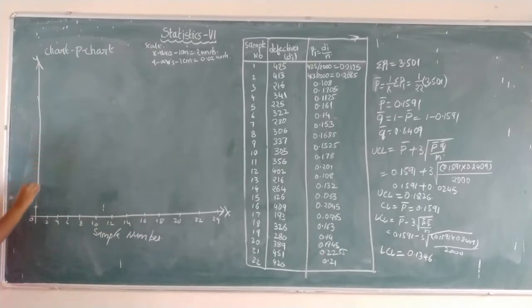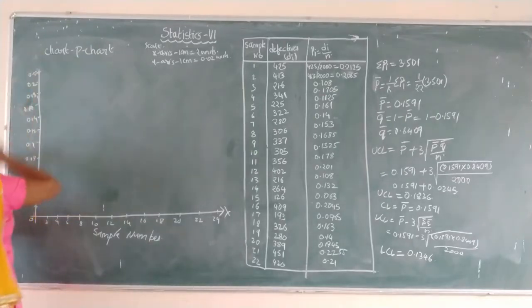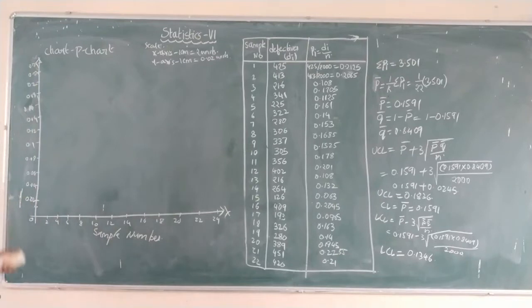So we'll draw a little bit bigger: 0.02, 0.04, 0.06, 0.08, 0.1, 0.12, 0.14, 0.16, 0.18, 0.2, 0.22, up to 0.24. On the y-axis we are representing the proportions, that is the fraction of defectives.